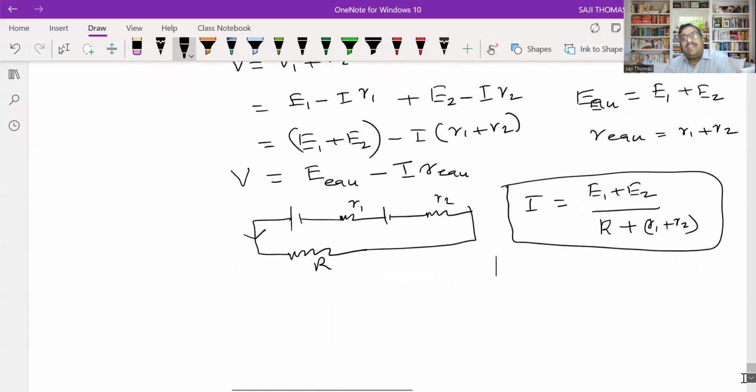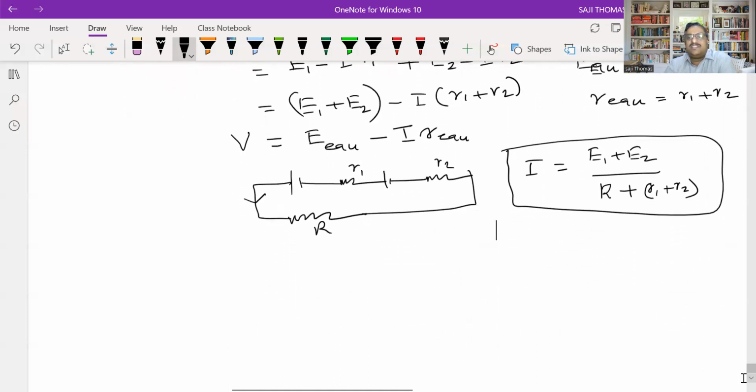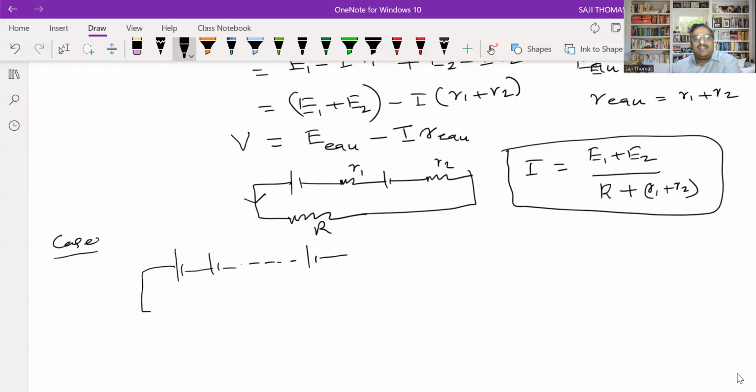If n identical cells are connected in series, what will be the current through the combination? So we are considering this as a case. N identical cells are connected in series to an external resistor. What will be the current? N identical cells all have the same EMF and the same internal resistance. So what is the equivalent EMF?